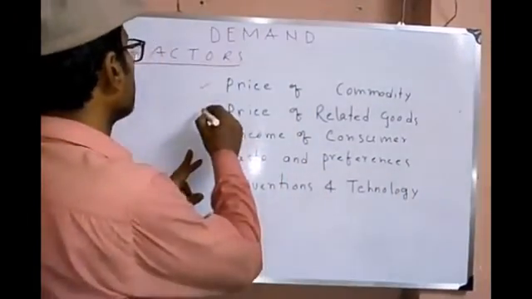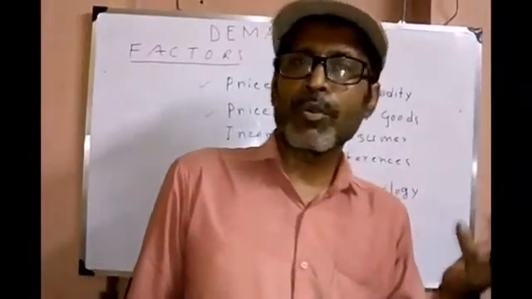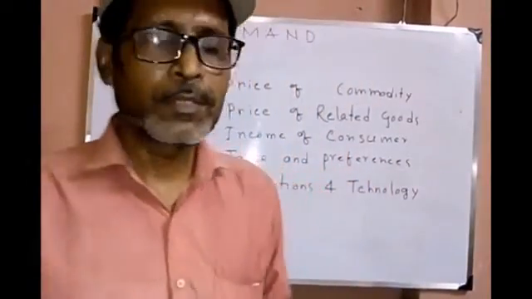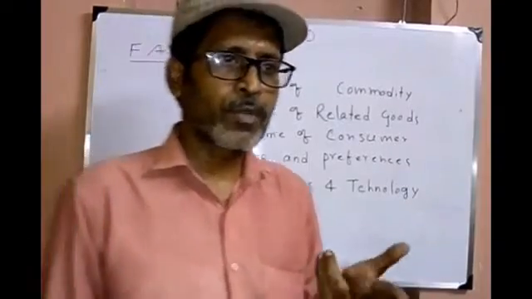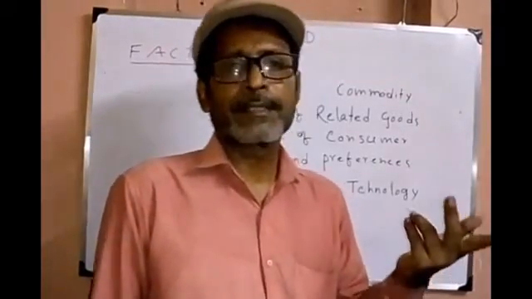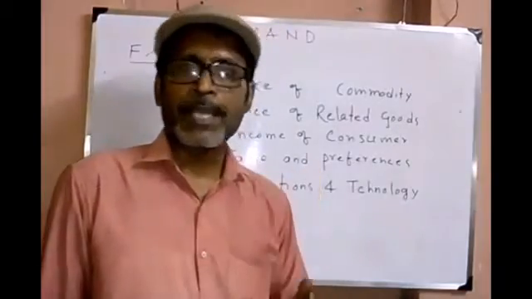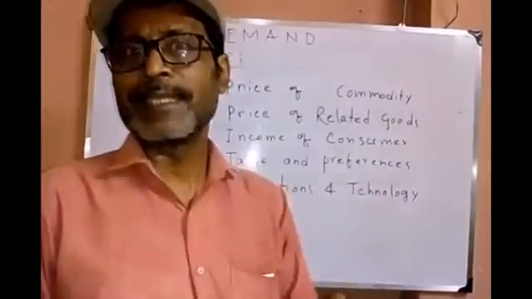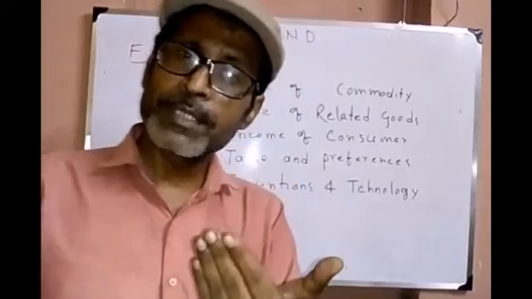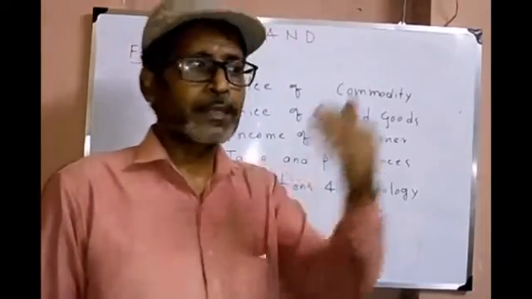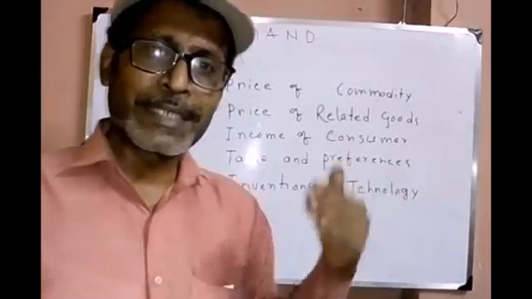Next, price of related goods. Sometimes demand of a commodity depends on the price of its related goods. Related goods may be substitute goods or supplement goods, such as rice and wheat. If the price of wheat decreases, consumers will purchase more wheat, so the demand for rice will decrease.